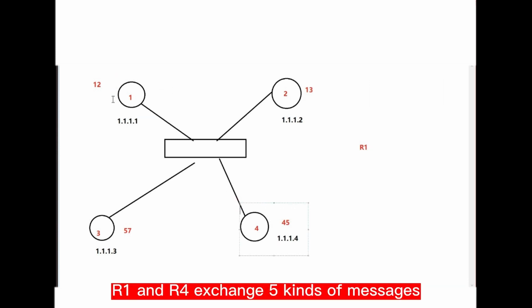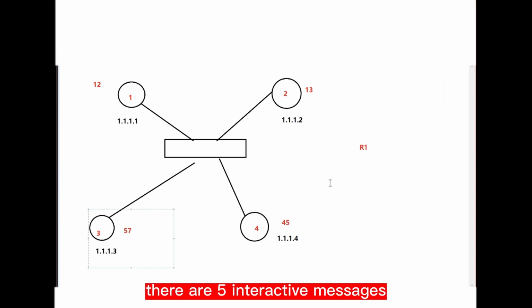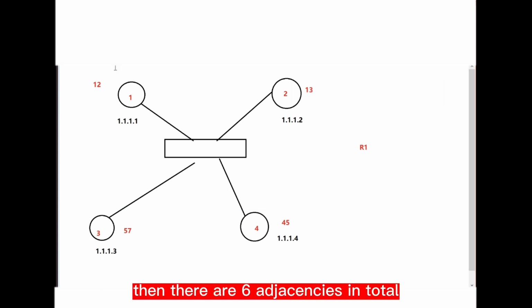R1 and R4 exchange 5 kinds of messages. R1 and R3 exchange 5 kinds of messages. R2 and R4, R2 and R3, R4 and R3, there are 5 interactive messages. Then there are 6 adjacencies in total. We call this relationship the full mesh.